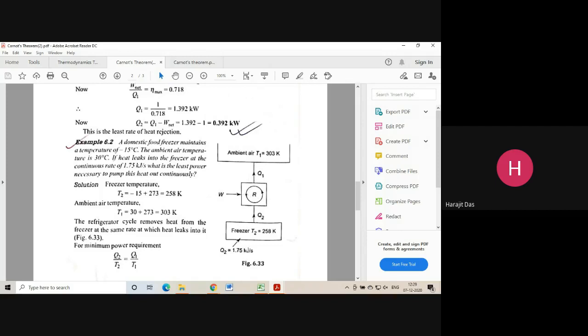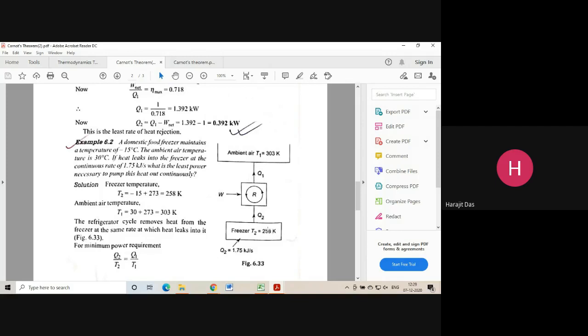So this amount of heat needs to be extracted from this chamber, then only it will be cooled at 258 Kelvin. So the refrigerator cycle removes heat from the freezer at the same rate at which heat leaks into the system. From this chamber this Q2, the same amount of heat, has to be rejected, otherwise you cannot maintain this temperature.